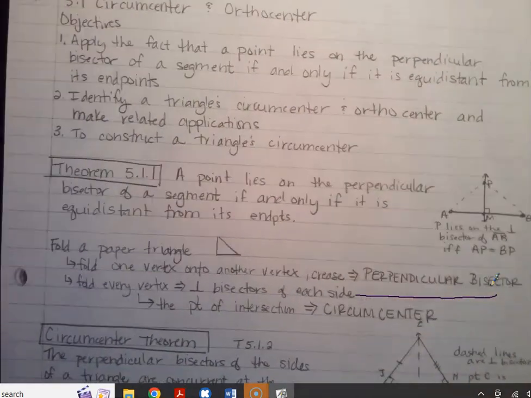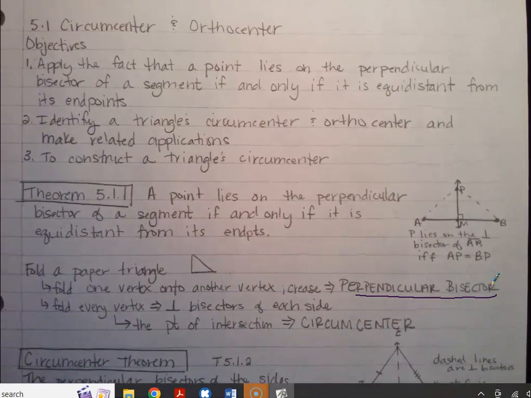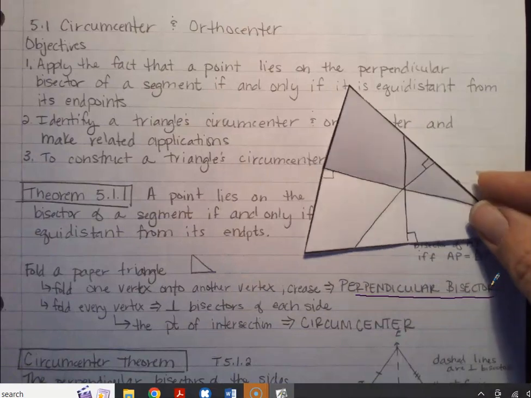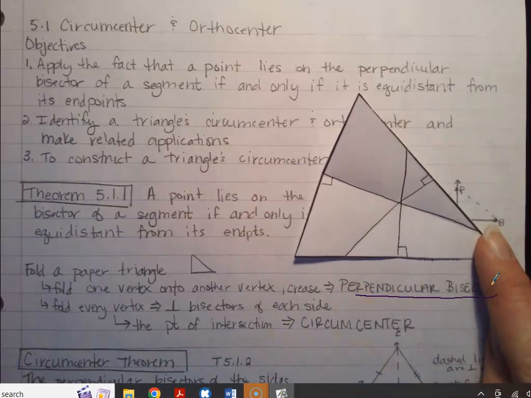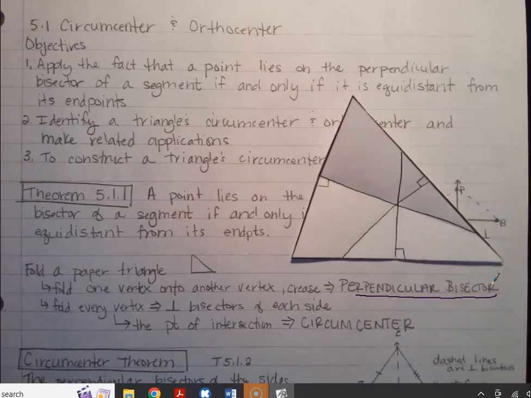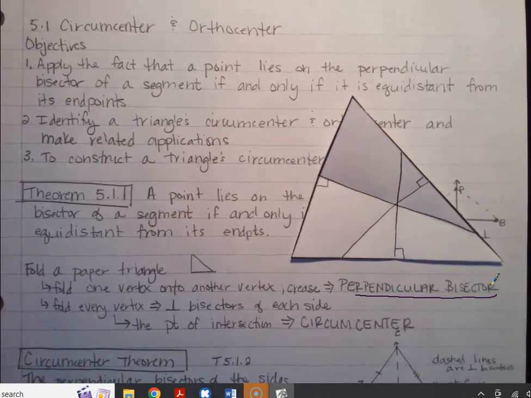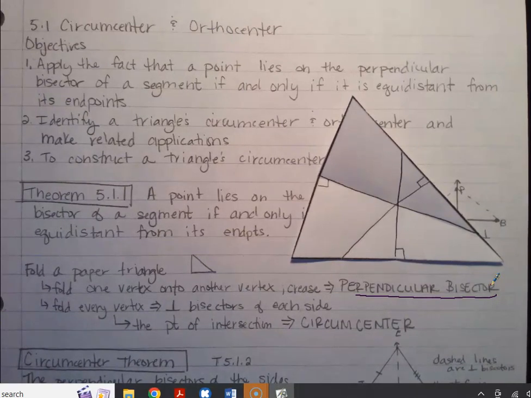Okay, so I'm going to put this back on here. So how many perpendicular bisectors did you just make? You shouldn't have 6 because you only have 3 sides. You counted all the little lines when you traced them. So how many lines is that?